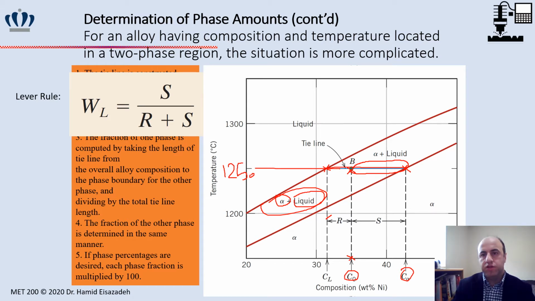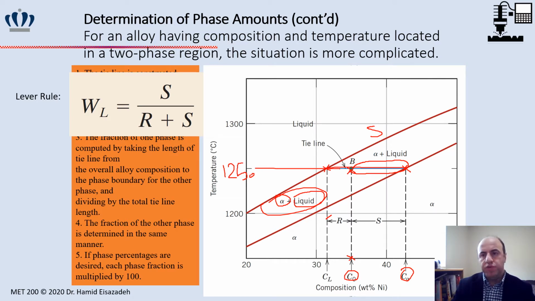So it's called S. And then divide this S by R plus S. R is going to be C0 minus CL, right?